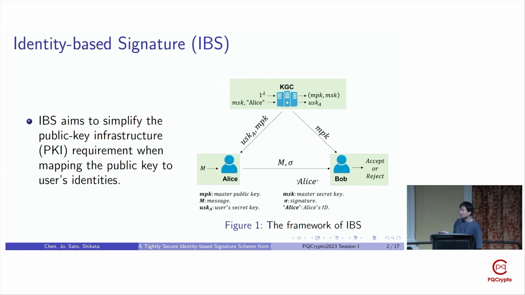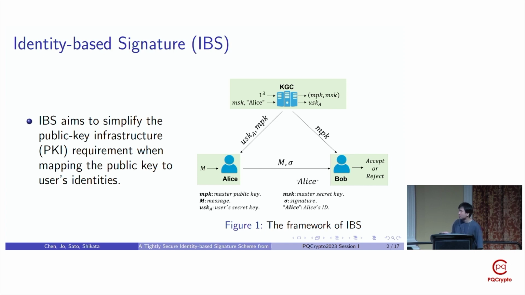Let's first introduce some background about identity-based signature and isogeny-based cryptography. Identity-based signature, or IBS, is a type of public key cryptography. In an identity-based signature, there is an authority called KGC having a master key pair, which can issue a user secret key based on the user's identity.